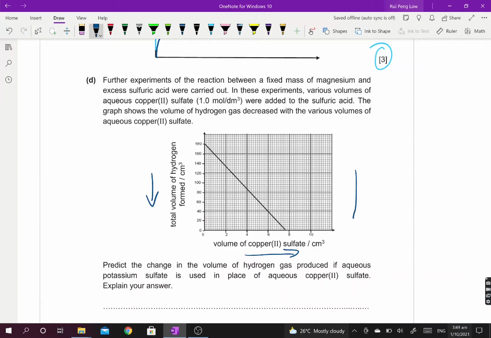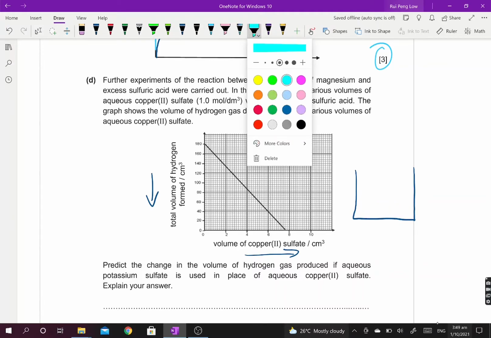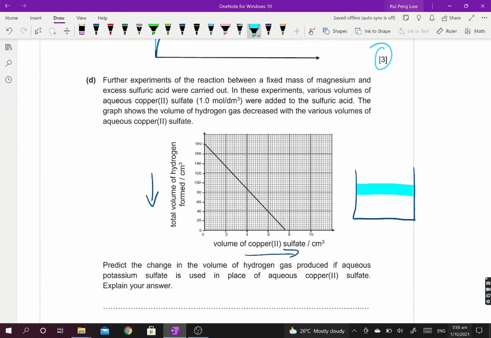Now, first of all, we need to understand why the volume of hydrogen will drop. Again, they are testing you on reactivity series. Why is that so? Now let me use another color. So you have your copper 2 sulfate solution.